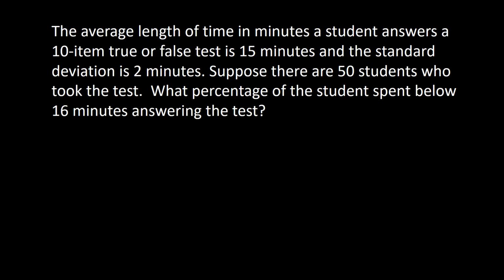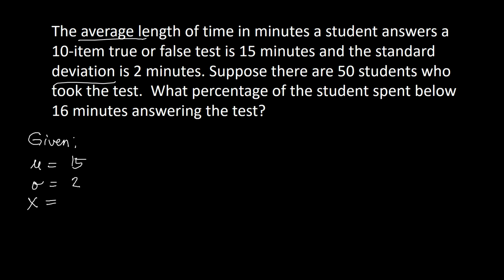So again, we are going to know our given there. We need our mean, our standard deviation, and also our x value. So we have our mean as 15. That is according to this problem. We have the average length of time in minutes, that is 15 minutes. And of course, standard deviation is 2.